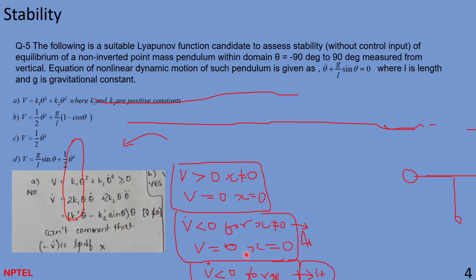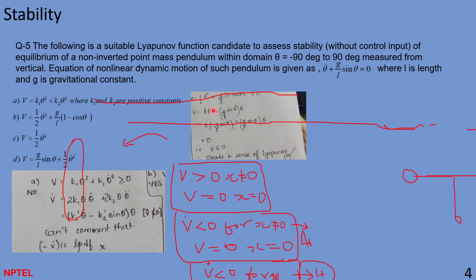But let's say theta equal to 90 degrees, which is pi by 2. Sine pi by 2 is 1 here, and here it will be pi by 2. You don't know k1 and k2, it depends, so you can't really say anything about it. The first option is wrong here.